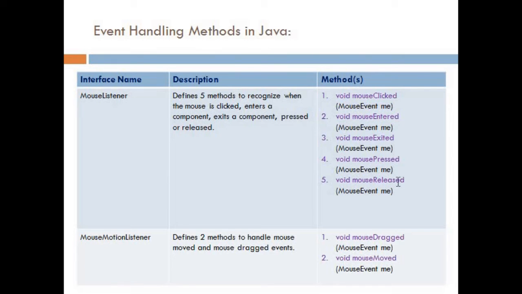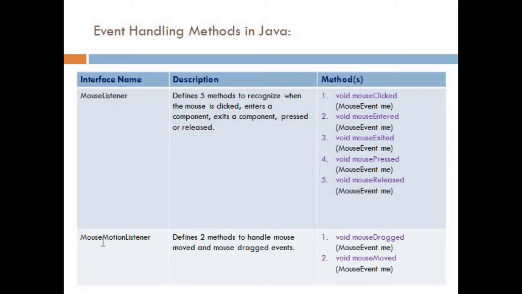Then the mouseReleased method. This method gets executed whenever a mouse button is released. So depending upon the event, such as mouse click, mouse entered, mouse exit, mouse pressed, based on those events, the corresponding methods shall get executed.